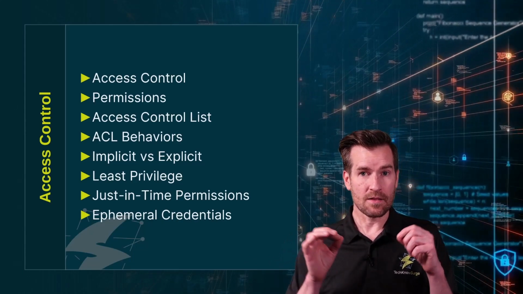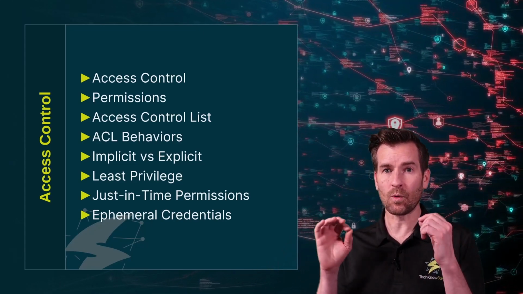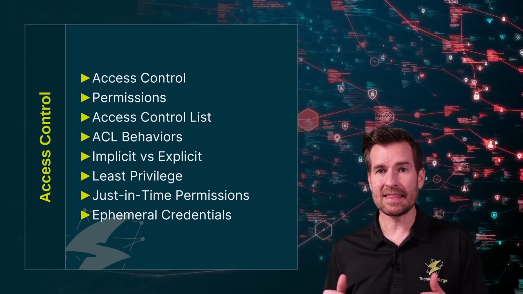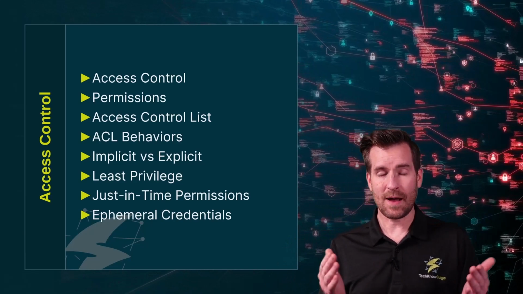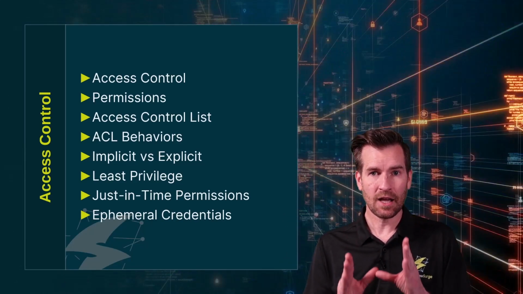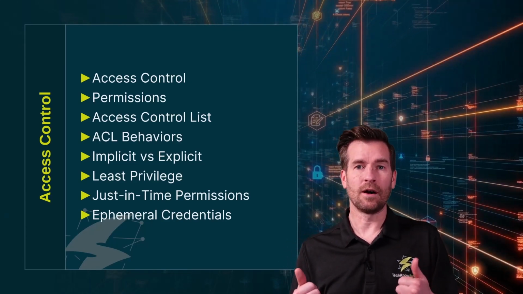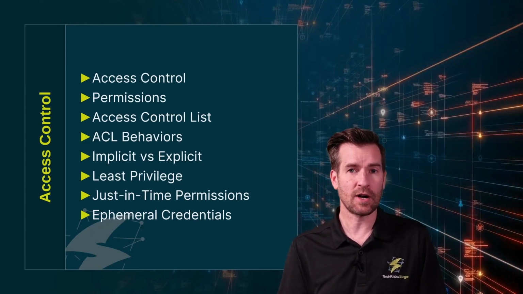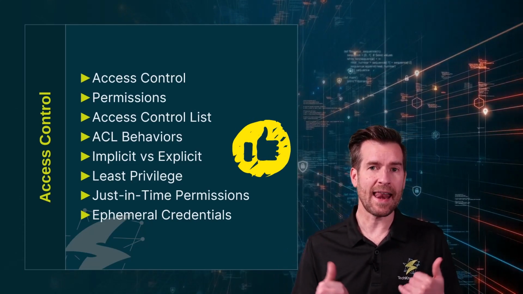Implicit where we don't have to define something, it's just a given behavior, versus explicit where we have to define something. And then least privilege is this idea that we give somebody the least amount of privilege to get into a system. We talked about just-in-time permission, only allowing permission to certain resources during certain times. And then also ephemeral credentials where we maybe create or provision an account for somebody like a contractor who just needs temporary access into our system, but we remove that after they're done.